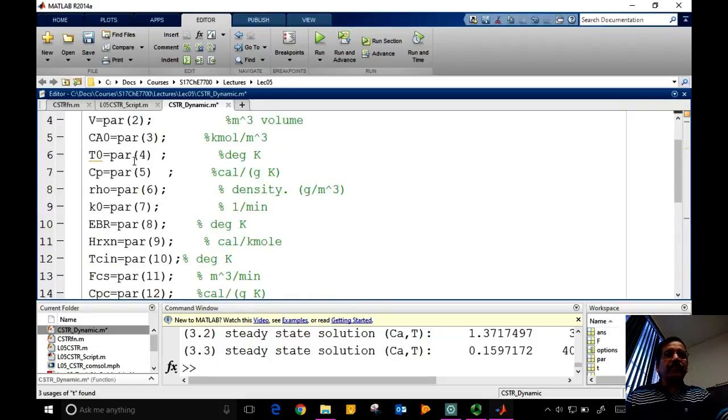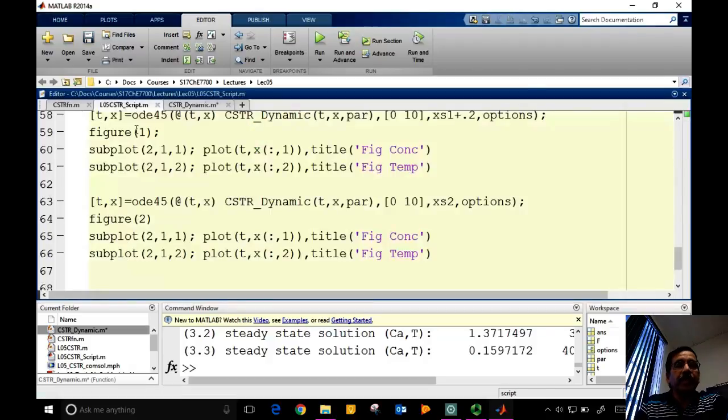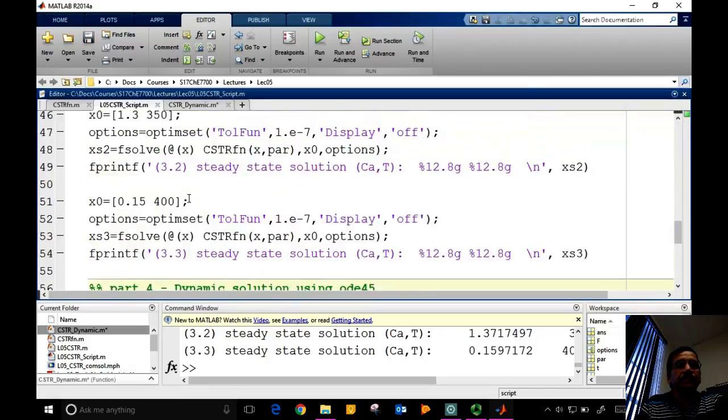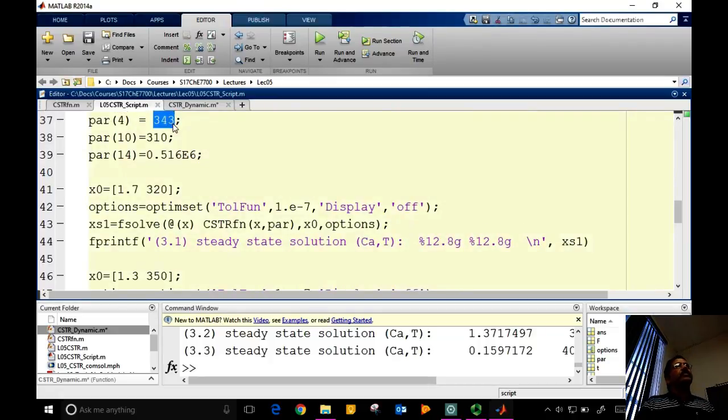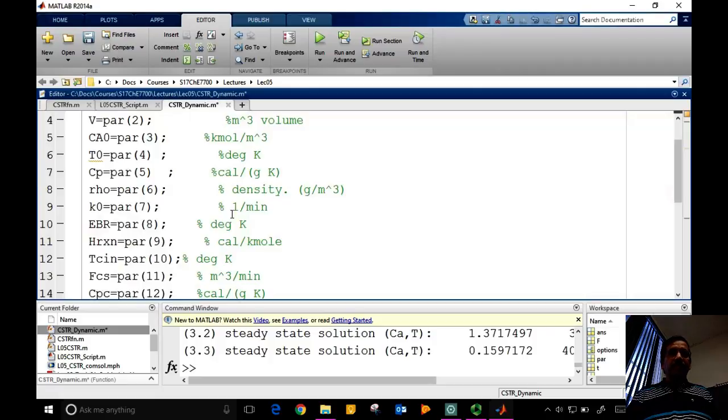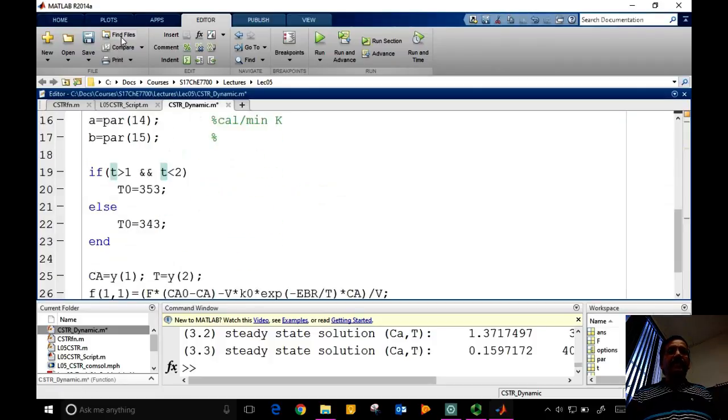t0 was parameter 4, and parameter 4 was 343. Okay? I'm maintaining the inlet temperature at 343, but I'm introducing a control action. Remember, I identified 4 variables as control variables. I'm introducing a control action when the time is greater than 1.